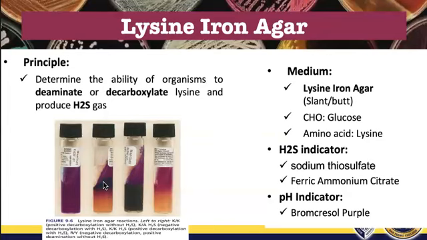So in decarboxylation, the carboxyl group of the amino acid is removed, while in deamination, the amine group of the amino acid is removed. So the organism removes the amine of lysine. Okay? So the positive result for decarboxylation is a change from purple, yellow, purple, while for deamination in the slant it is a change from purple to red. Okay, so purple to red.